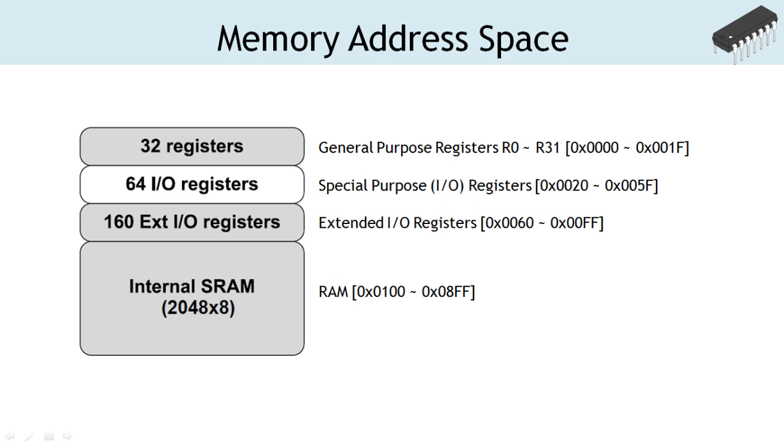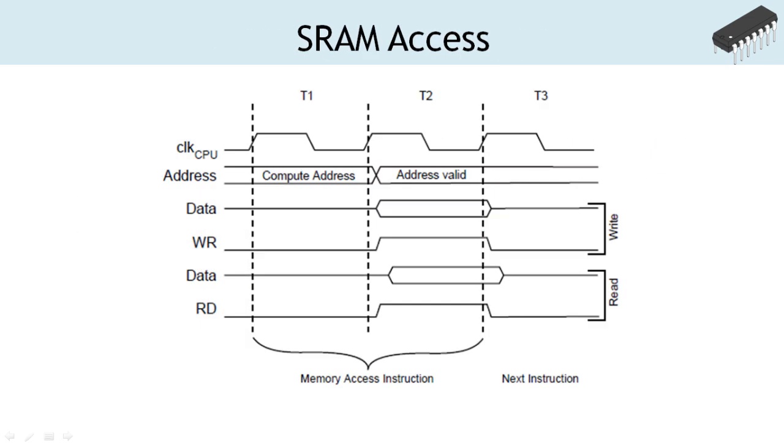The next 2K address locations are mapped to SRAM. This is the region of data memory where all the variables, stack, and heap are allocated during program execution. The on-chip SRAM access for either read or write operation is performed in 2 clock cycles.